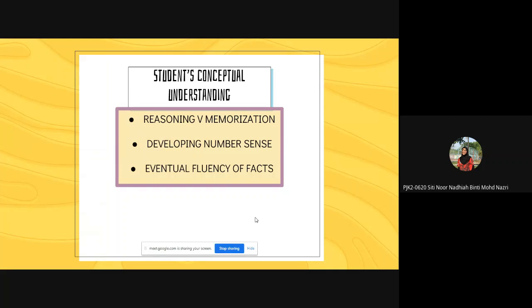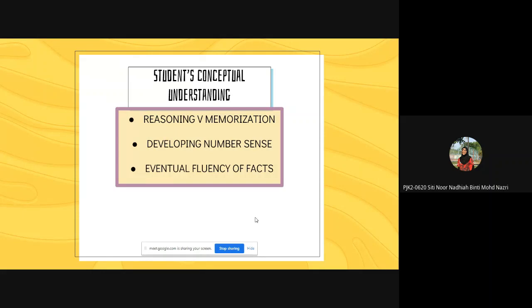And second is developing number sense, which is students' ability to think mathematically and derive answers rather than depending on rote memorization.